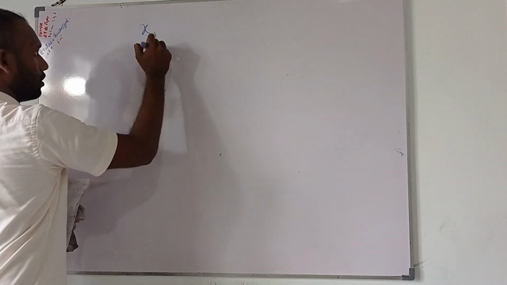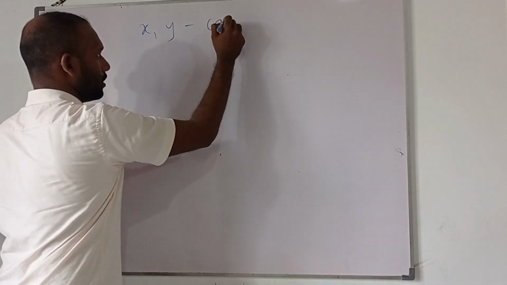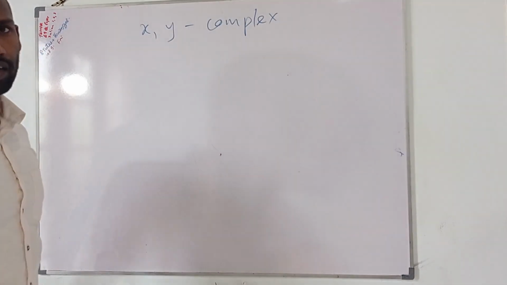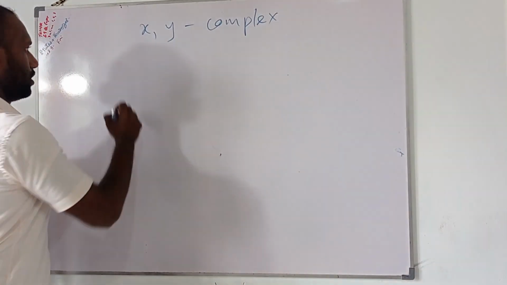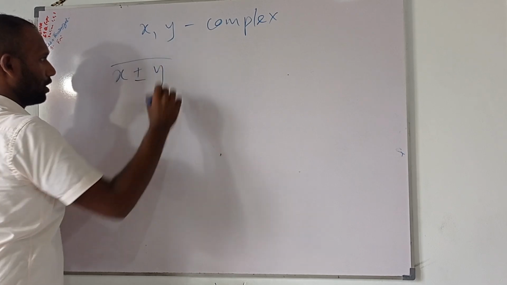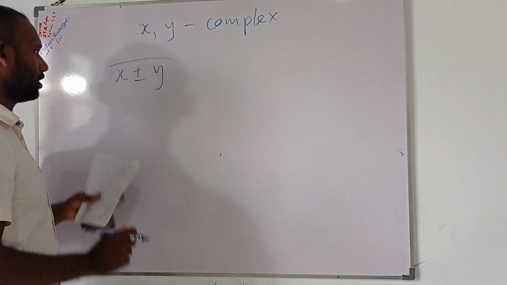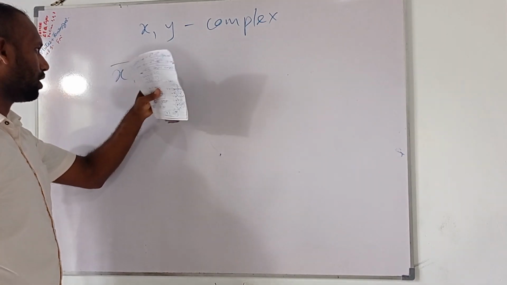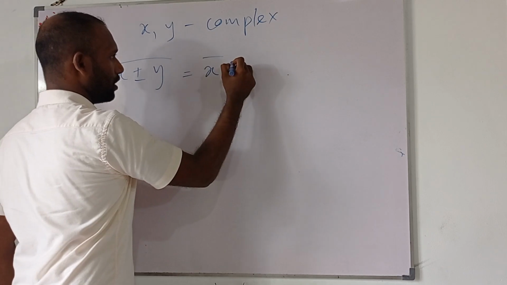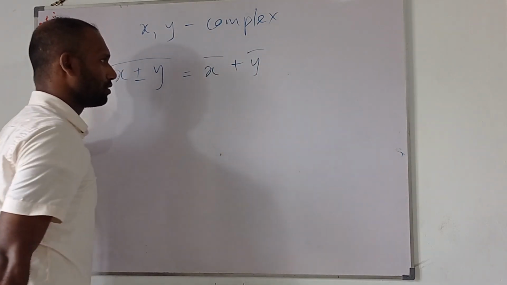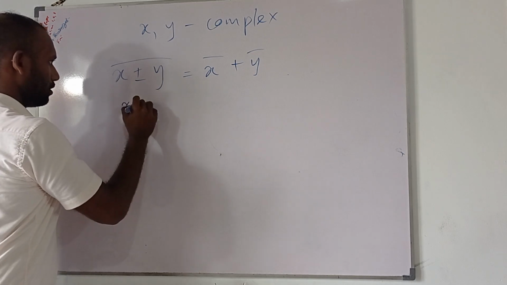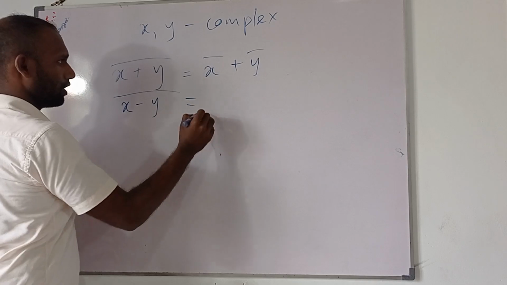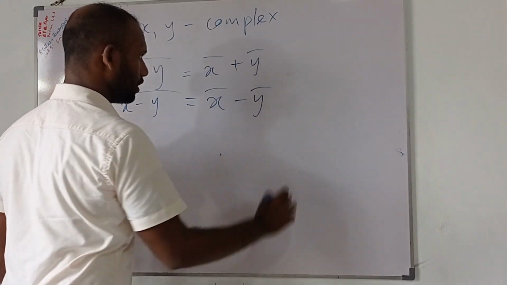So if x and y are complex numbers, the conjugate of x plus y equals x bar plus y bar, and the conjugate of x minus y equals x bar minus y bar.